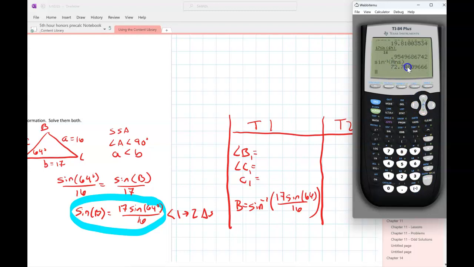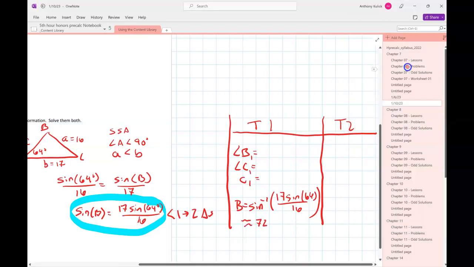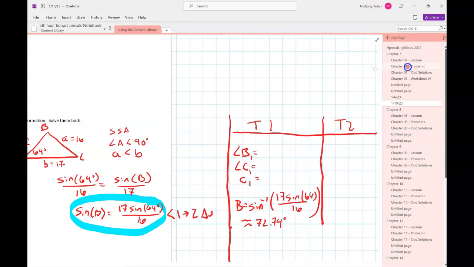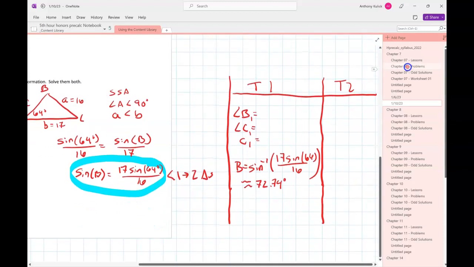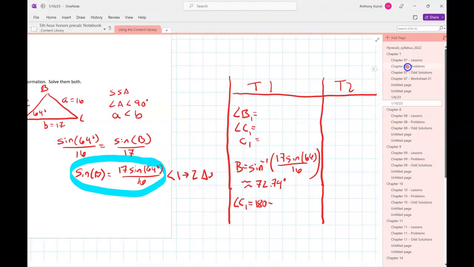So I get 72.74. And then for angle C1, since I know 2 of the 3 angles, I can find the third really easy.